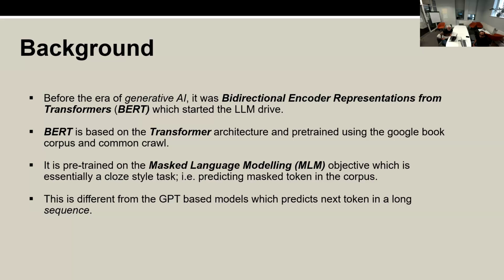Now, this transformer architecture is pre-trained on masked language modeling, which is called the MLM objective. That means just predicting some tokens which are masked or blank. That is the main difference between GPT-based generative AI and MLM: GPT actually predicts all the tokens in the sequence, and it goes on for very long sequences too.